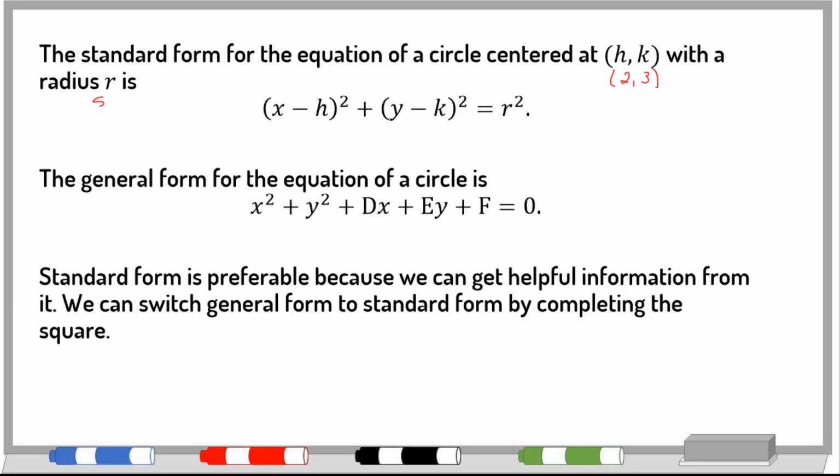The general form for the equation of a circle is x squared plus y squared plus dx plus ey plus f equals 0. D, e, and f in this situation are real numbers, any numbers you want them to be. It does matter that our x squared and our y squared don't have coefficients.